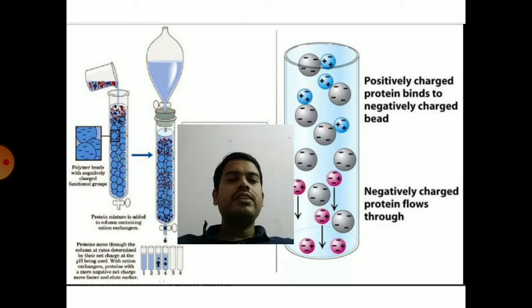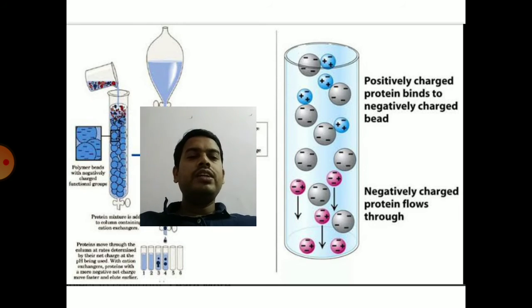You can clearly see the column showing a negatively charged cationic exchanger, where positively charged proteins are seen bound to the exchanger, whereas negatively charged proteins are repelled or come out of the column.